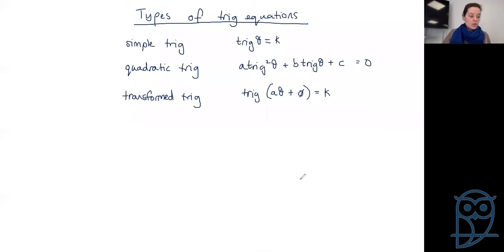So, solving that simple trig equation, we actually need more space. So this would be, for example, if we had something like sine x equals a half. Okay, and you might just say, oh no, but I just say sine to the minus 1 of a half and I get x and that's it.